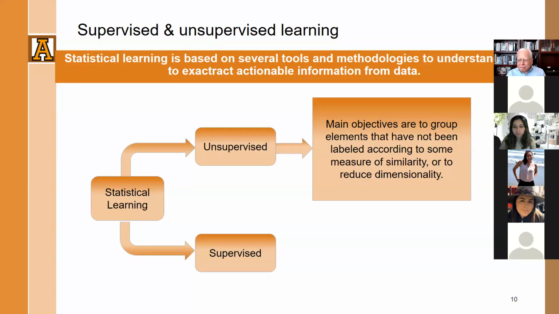But the main objective that we're going to focus on in this class is to group elements that have not been labeled according to some measure of similarity. So we'll see if, for example, a bank has a bunch of customers, and they don't know if a particular product that they're trying to develop is going to be successful with all of them.